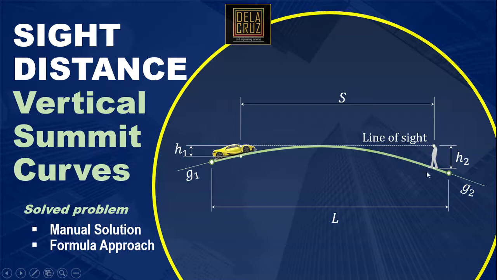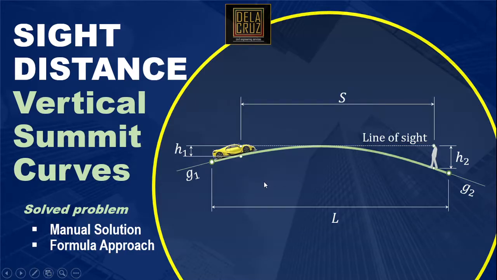It can be a man. And this is the required stopping sight distance. This should be the minimum. It is more conservative, or safer, if we have a length longer than the required minimum stopping sight distance.